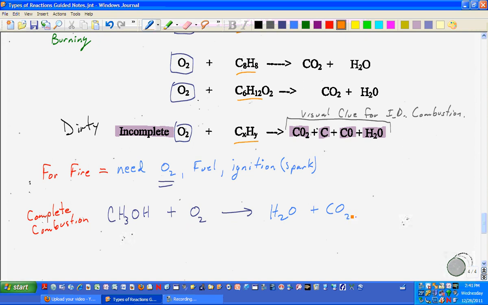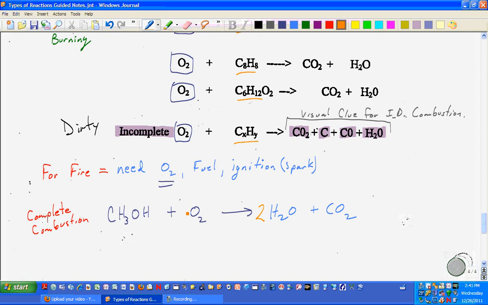I've got 2 oxygens over here, I've got 3 oxygens over there. I'll save that for last. Oh, wait a minute. I've got 3 oxygens here. Yeah, this is okay, 3 and 3. 3 hydrogens, 4 hydrogens. Oh, I only have 2. So let's try putting a 2 here. 1 carbon, 1 carbon. So now I've got 2 plus 2 is 4 oxygens over here.